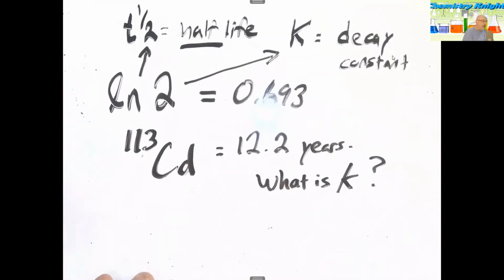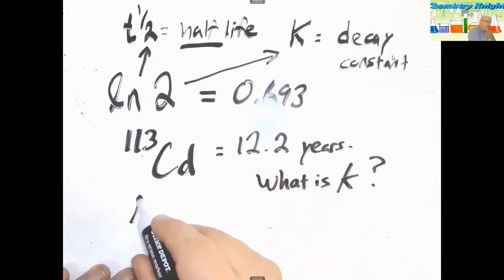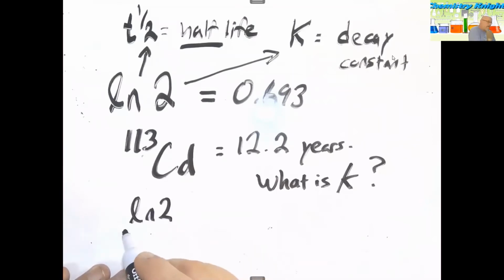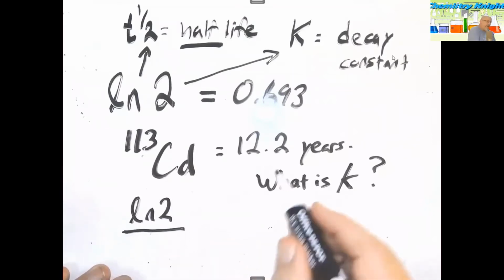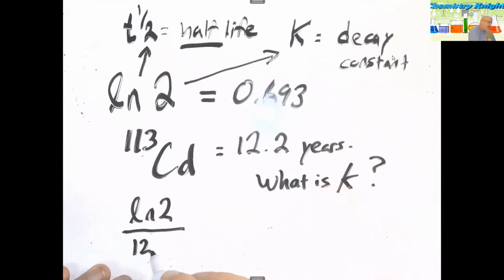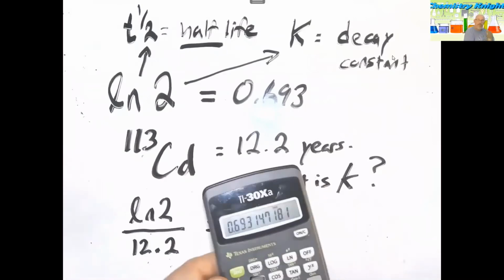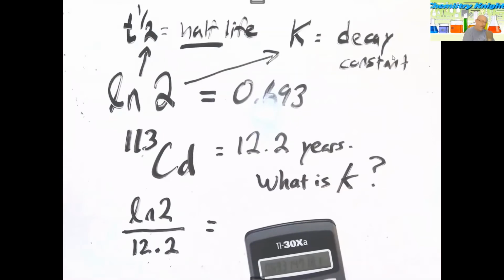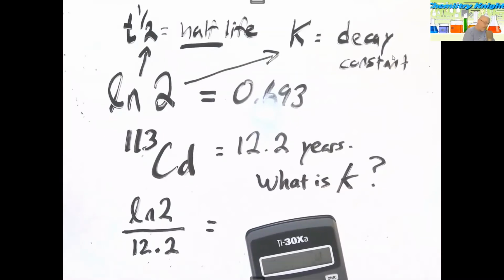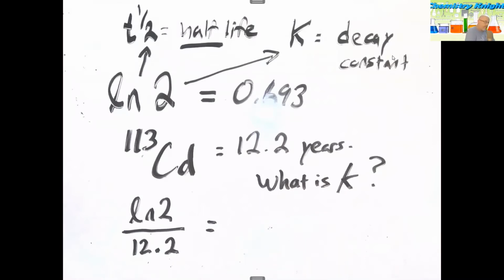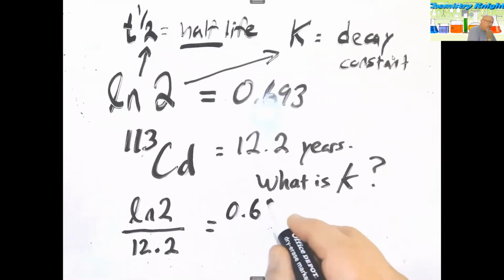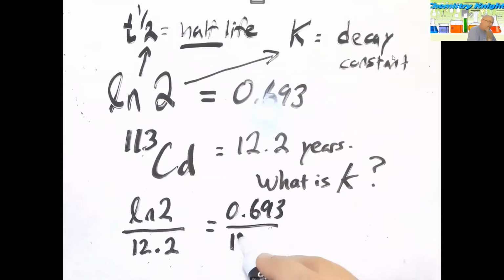Okay, well, we're just going to plug in natural log of 2, and we're going to divide that by the half-life, the thing that we know, 12.2. Now, natural log of 2 is actually 0.693. So we'll take that 0.693 and we will divide it by the half-life. 0.693 divided by 12.2.